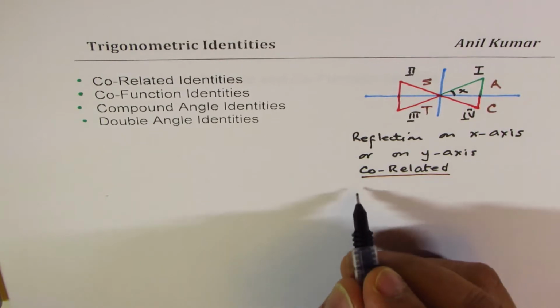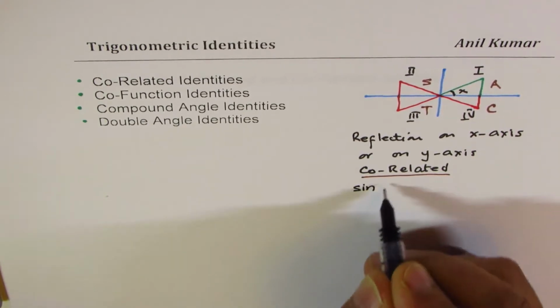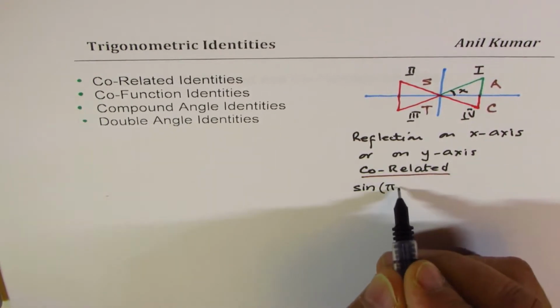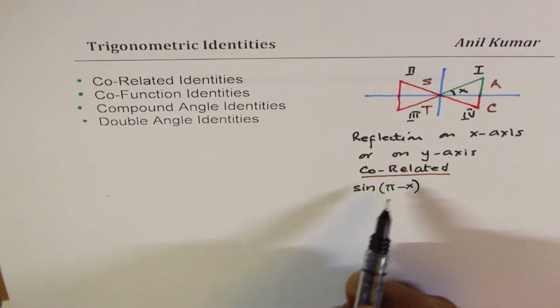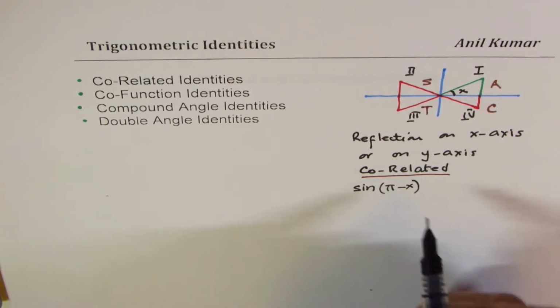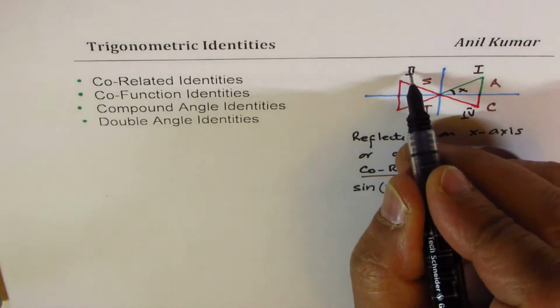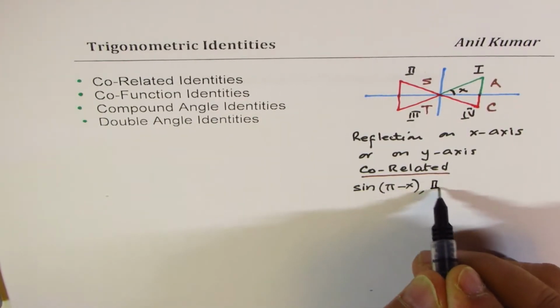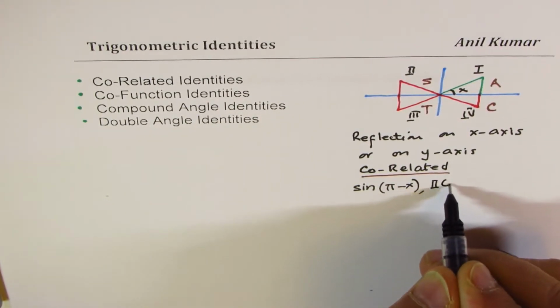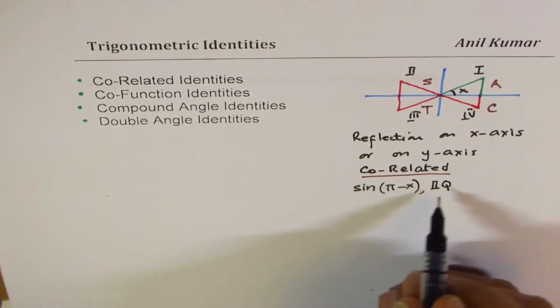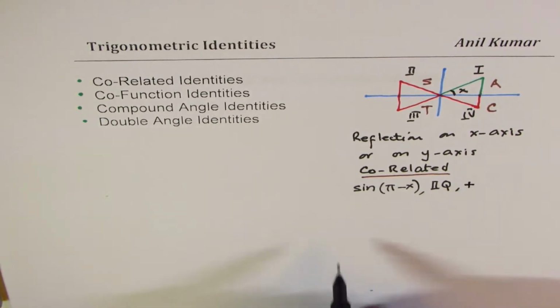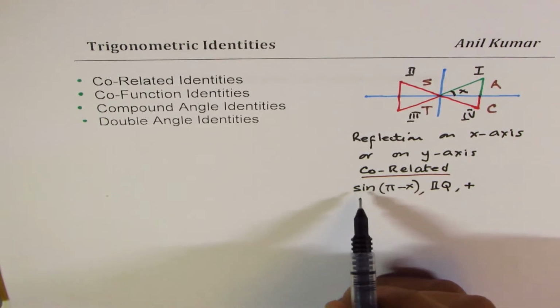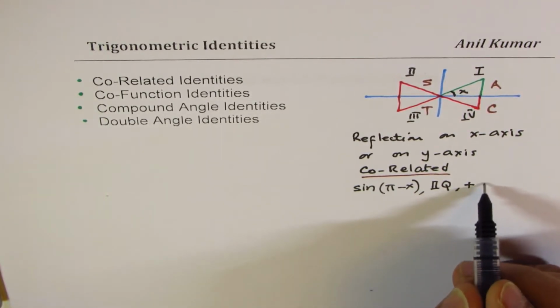For example, if you have sine pi minus x, then sine pi minus x is in which quadrant? It is in quadrant 2. So second quadrant, let me write. Now in the second quadrant, it is positive. And therefore, sine remains sine, but it becomes positive sine x.